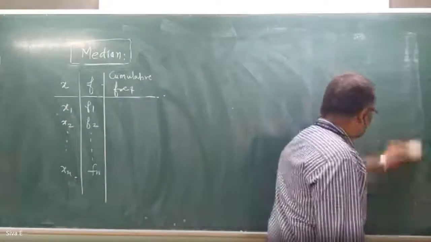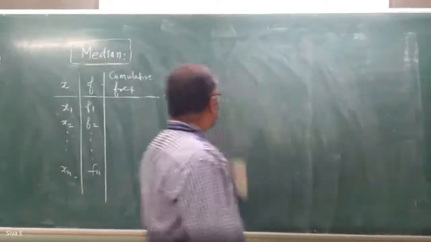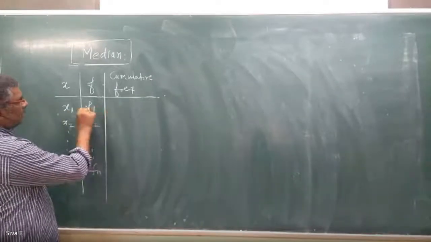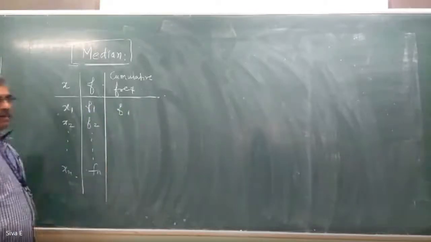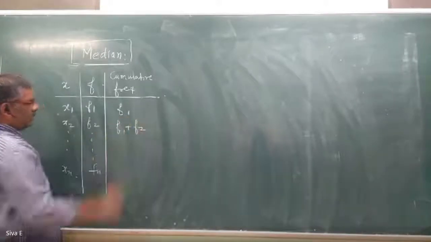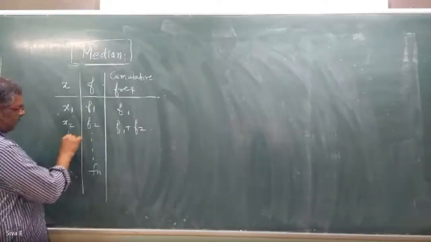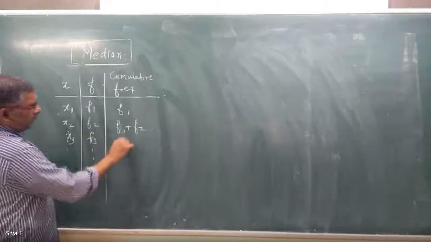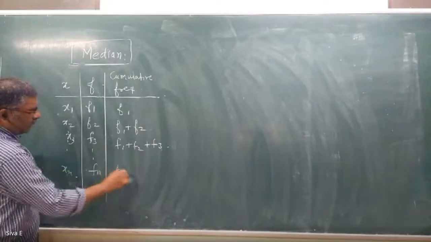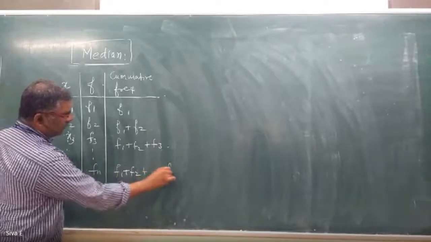We keep adding the frequencies. For x1 write f1, for the second one f1 plus f2, for the third one f1 plus f2 plus f3, and finally f1 plus f2 up to fn.